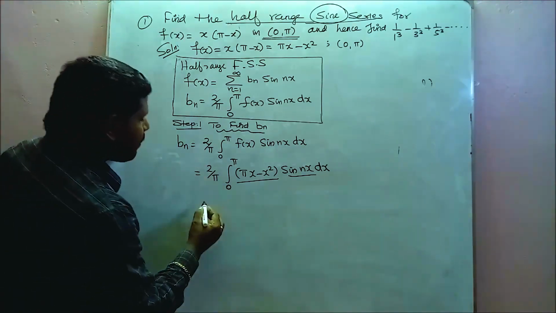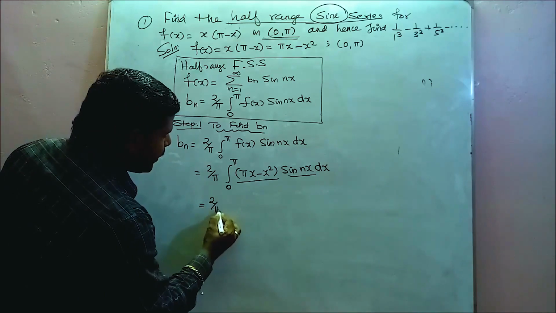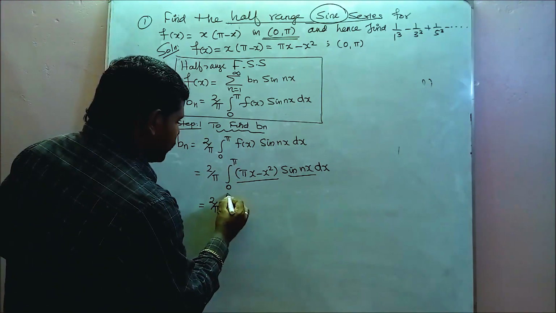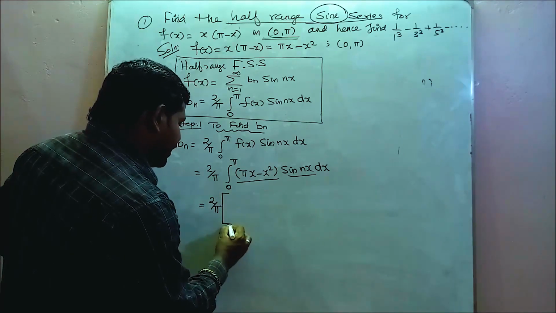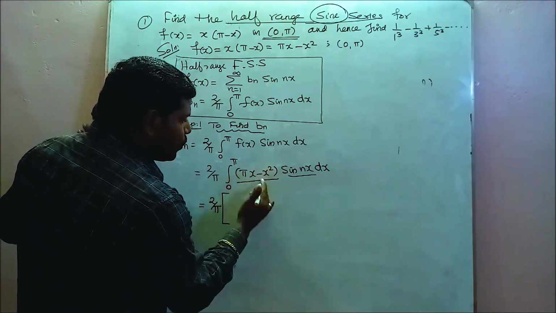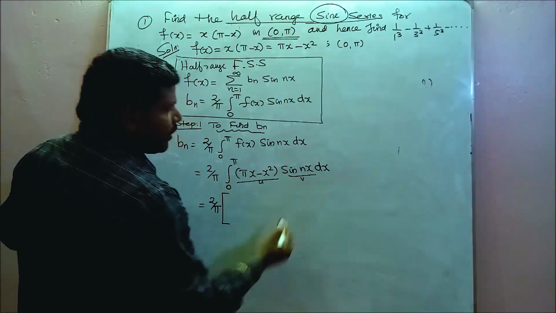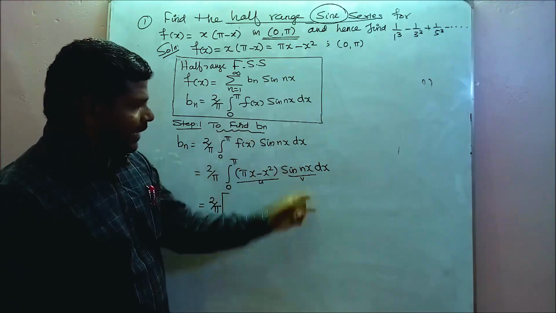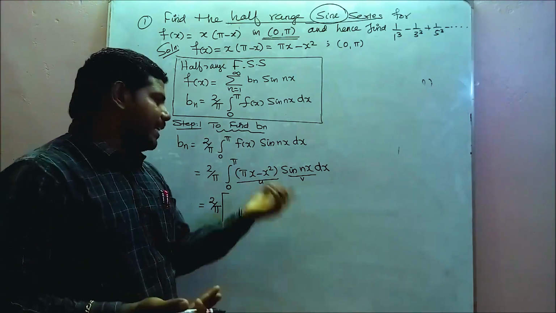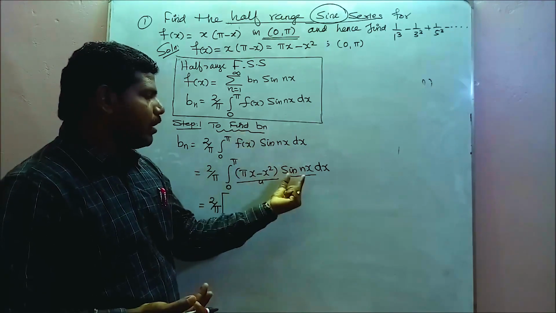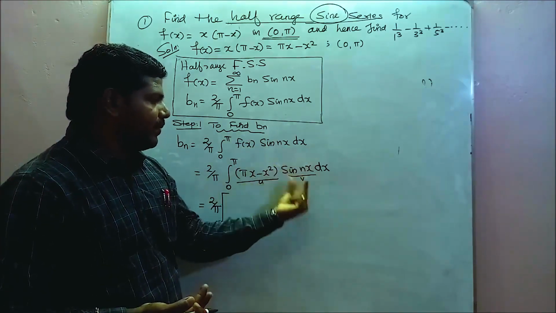Bernoulli's formula is, simply, 2 by pi into, since we are integrating, we can put the brackets. The first term is u, the second term is v. So always the polynomial is considered as u, the trigonometric or exponential is considered as v. Take the polynomial term as u, and if a trigonometric or e power term comes, take it as v.